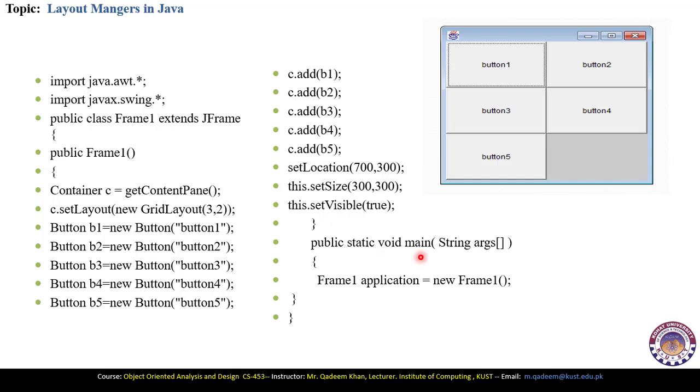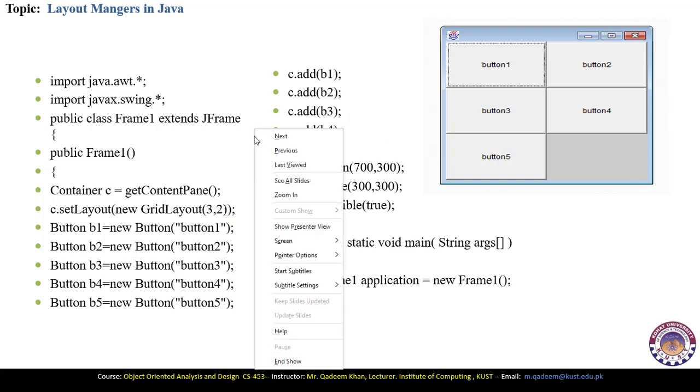Public static void main is the main function, which must be in every Java program, and program execution starts from here. Frame1 application = new Frame1 is the object, and here is the constructor of this object. When this object is instantiated, the constructor is called, and it defines the full GUI of this example, which is the grid layout.